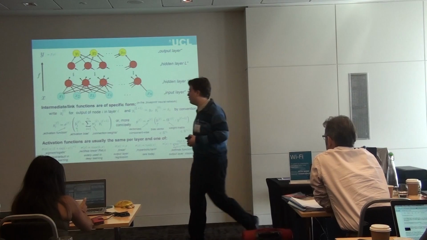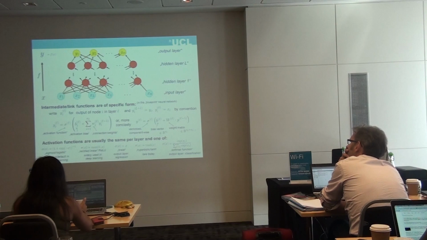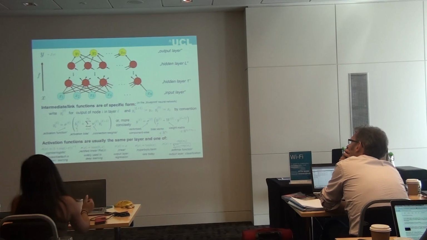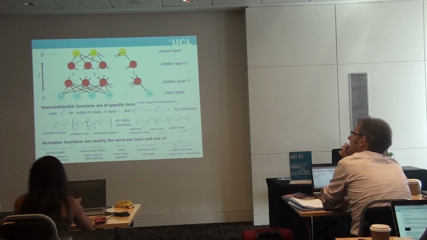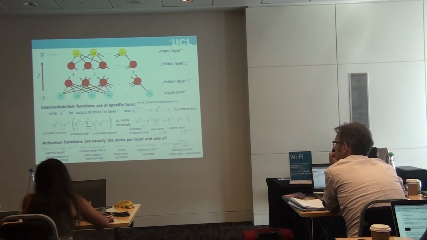If you depict these two functions in a 2D coordinate system, as I probably should have done on the slide, the sigmoid will look like this. It will go from 0 to 1 smoothly, versus the rectified linear.